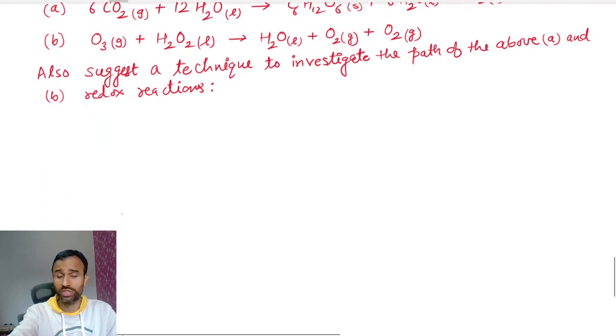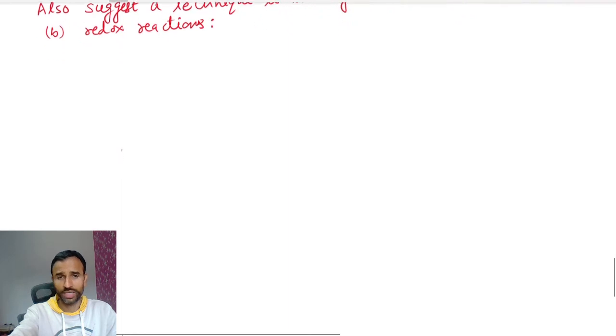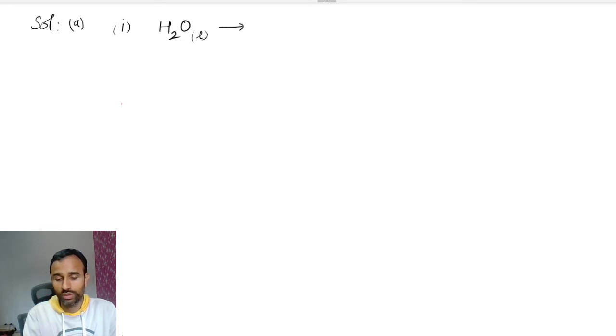The reaction of photosynthesis is very complex, but in simple language, if we discuss it, first of all, H2O liquid will give H2 gas plus O2 gas.